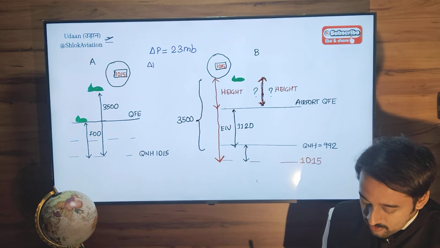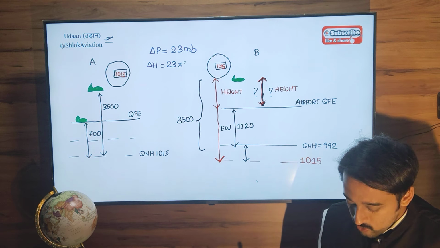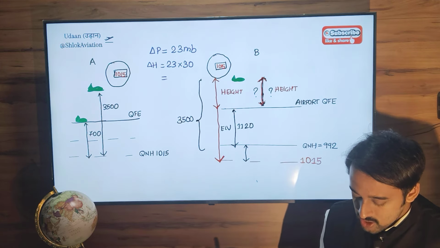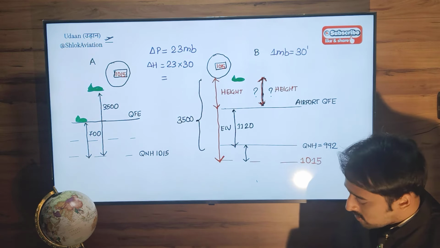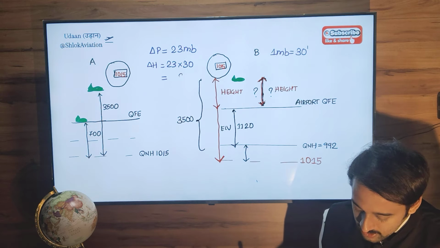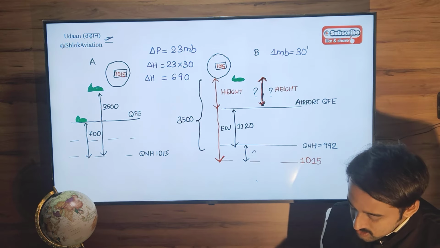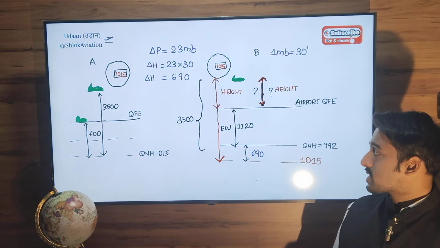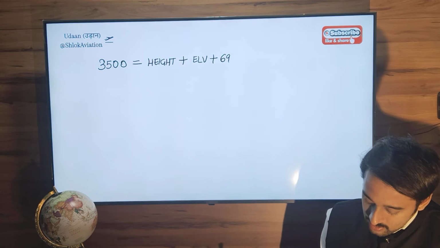That will be a height difference of how much? 1 millibar is 30 feet. So 23 into 30 is how much? When you multiply that, 3 3s are 9, 3 2s are 6, 690 feet. So this much is 690 feet. I will write that here, 690.